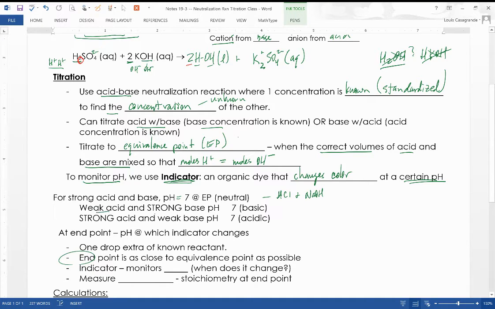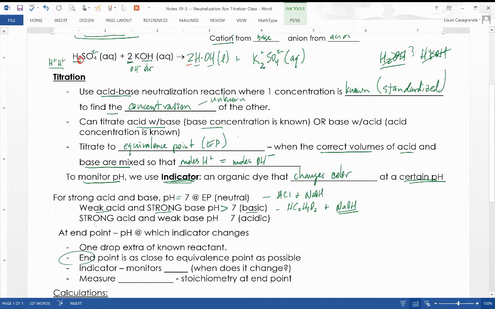So a weak acid and a strong base. This is what you're going to be doing in lab. This would be acetic acid, HC2H3O2, and sodium hydroxide, for example. That would be a strong base and a weak acid. Because of the strong base, the solution at the end is going to be basic, with a pH greater than 7.